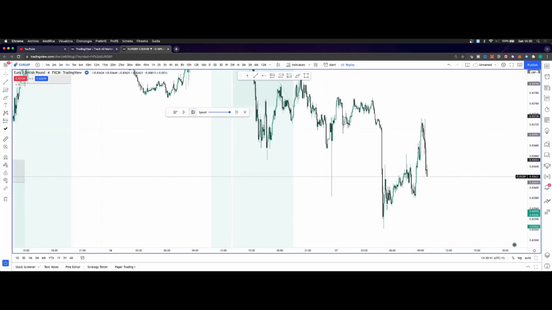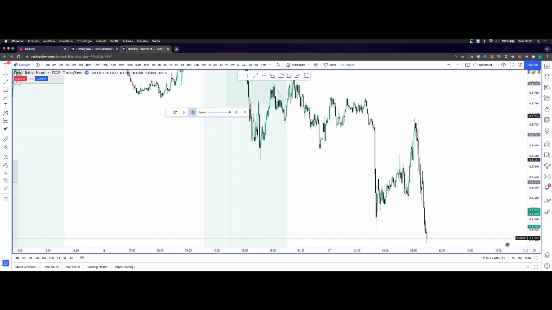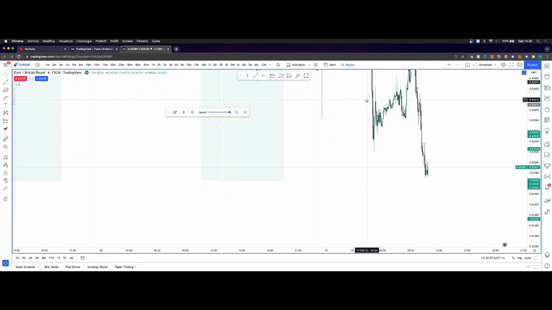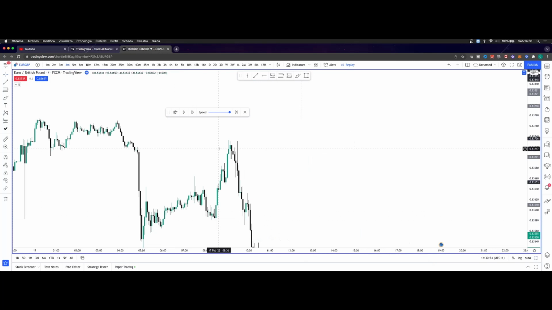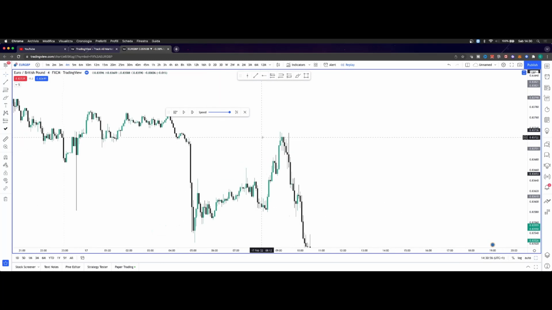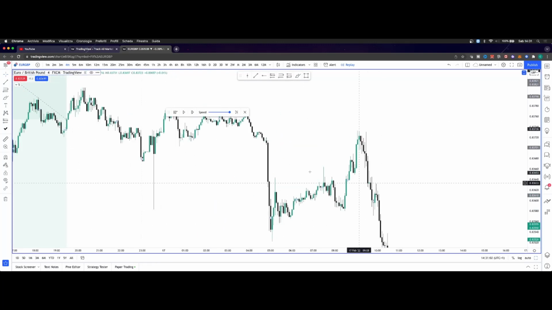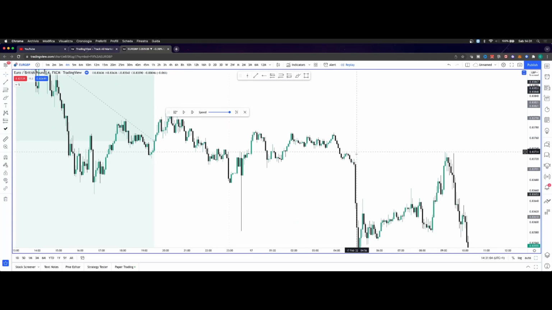Again, this is beautiful. Look at this, they take this liquidity, but unfortunately for my rules there is no setup here. Maybe this one, but nothing really clean.